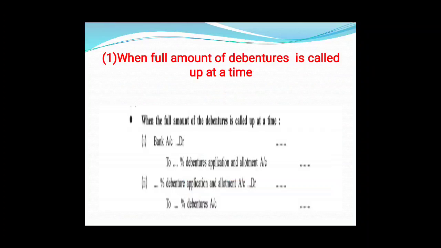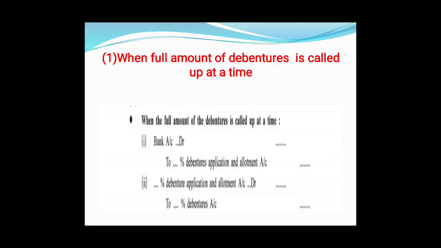So when full amount of debentures is called up, first entry we pass: bank account debit to percentage debentures application and allotment account. If it is a 9% debenture, we will write 9% debentures application and allotment account. If it is 10%, then 10, 11, then 11. So that blank percentage means you will write the rate of interest of such debentures.